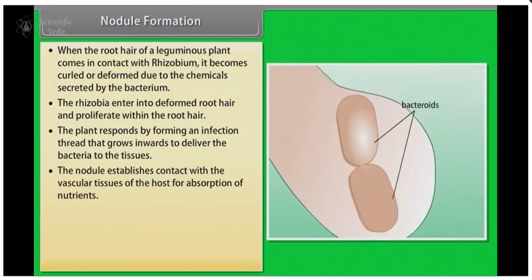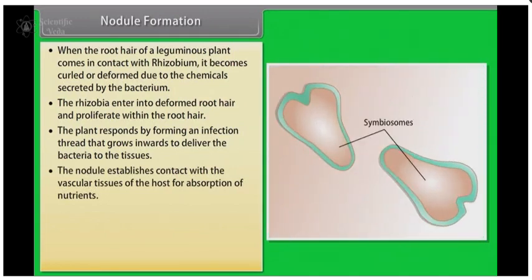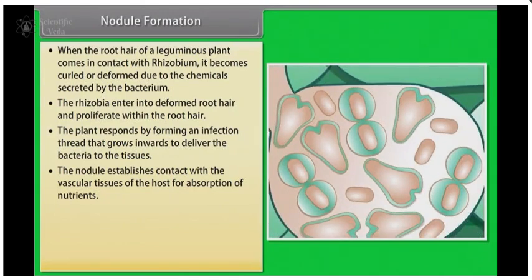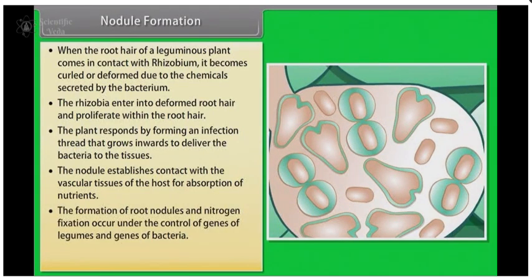The nodule establishes contact with the vascular tissues of the host for absorption of nutrients. The formation of root nodules and nitrogen fixation occurs under the control of genes of legumes and genes of bacteria. The reaction is N2 + 8e- + 8H+ + 16 ATP gives 2NH3 + H2 + 16 ADP + 16 Pi.